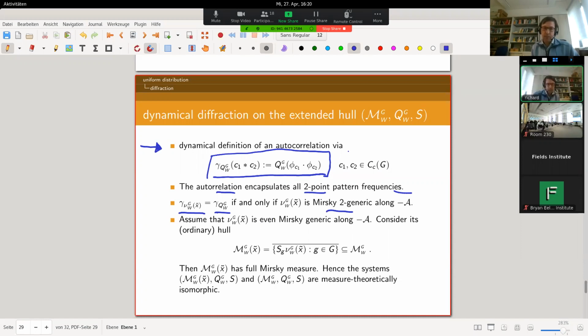The other thing is, this relates to the extended hull, but very often people say we would like to use the ordinary hull. So what's happening here?